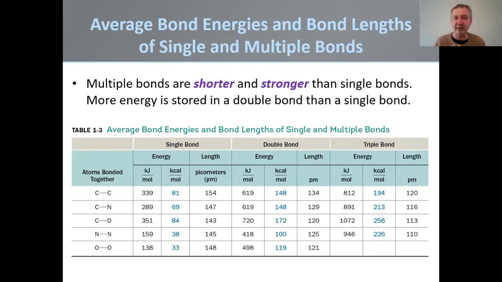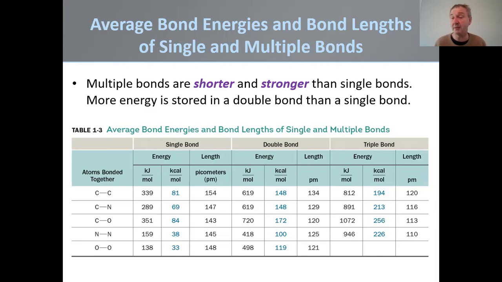But there are some really fascinating things here, and I think if nothing else, you should focus on the top line here, because this is a carbon chorus and lots of CC bonds will exist. If you have a single bond between two atoms of carbon, the energy of a single bond, and we'll do this in kilojoules only for this purpose, is pretty high.